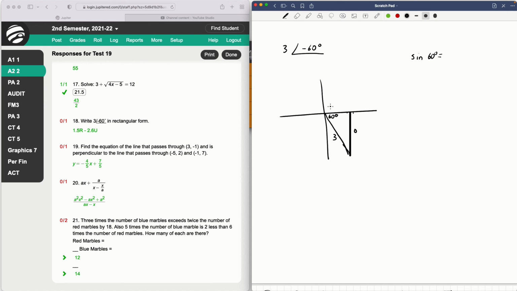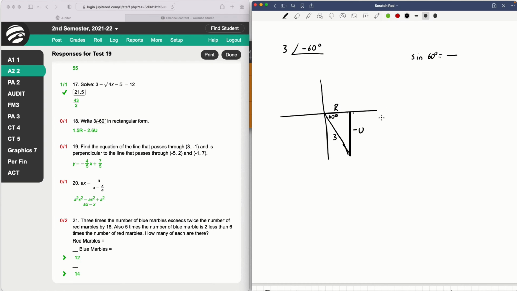The opposite is going to be negative u, and this is going to be positive r. Because it's below the x-axis, in the negative y area, it's a negative u. And this is to the right of the y-axis, so it's positive r. So negative u, and the hypotenuse is 3.